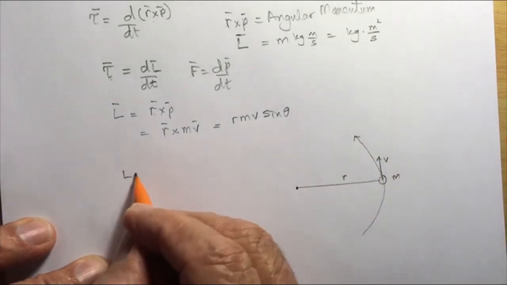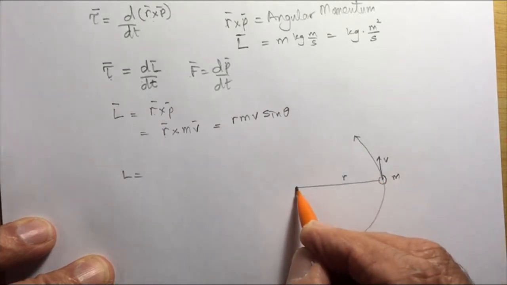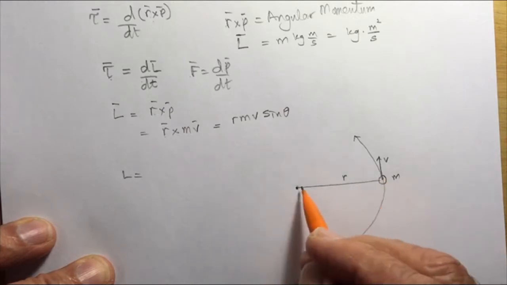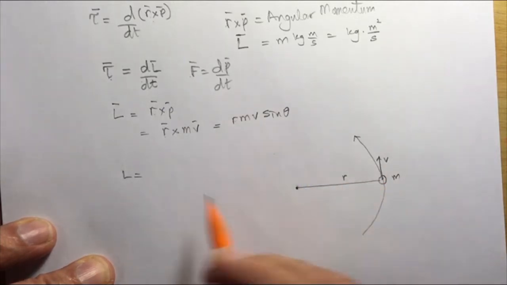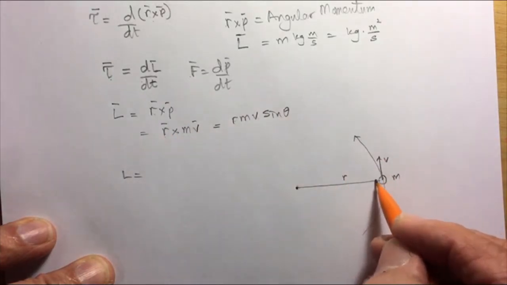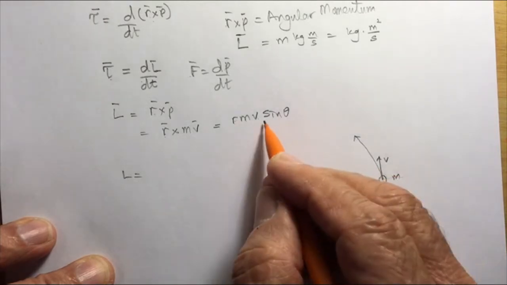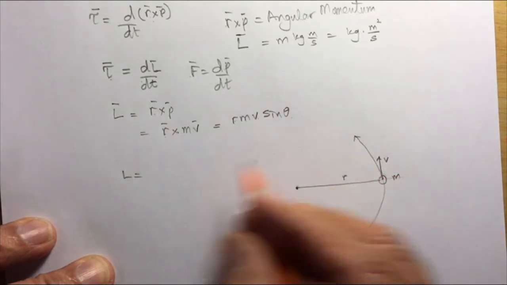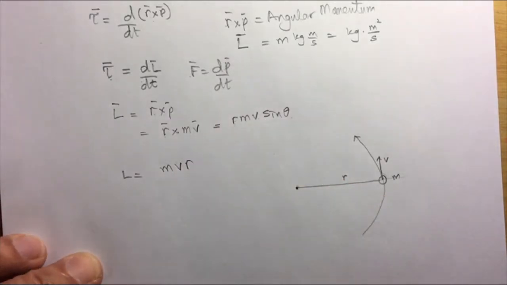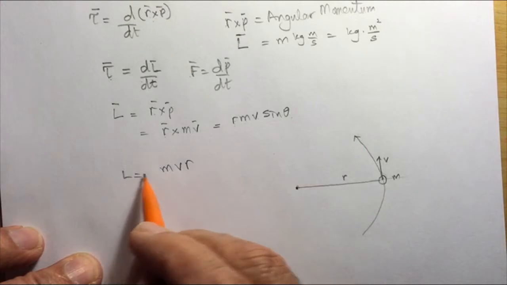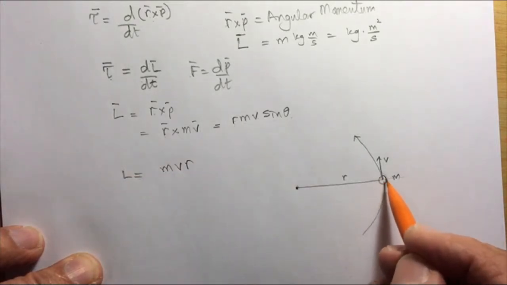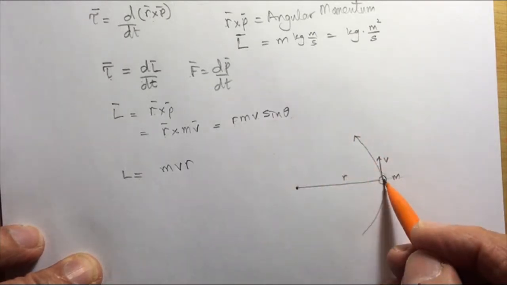So the angular momentum of this stone about this point, and we will always have to say about which point, because the angular momentum would be different about different points because the r's are different, is given by this equation, r m v sine theta. Theta is the angle between r and v, which is 90 degrees, and sine 90 is 1. So the angular momentum is going to be mvr. This will be the angular momentum of this stone as it's going around in a circle.